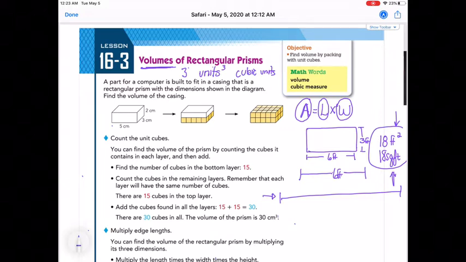You have length, we're going to go down here on this box right here. You have length and width like normal, but we are adding a third dimension, which is the height. Okay, it's not just a floor, it's not just a wall, it's not just a ceiling. It is actually a prism that contains space in the middle.